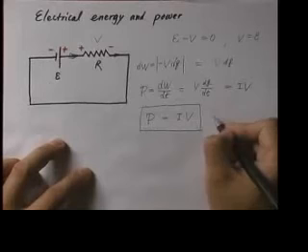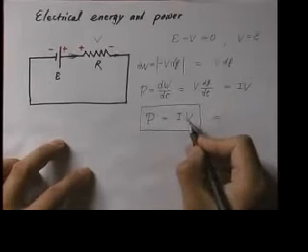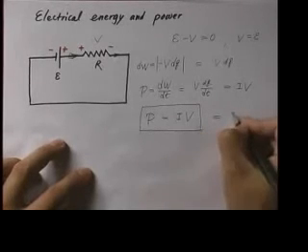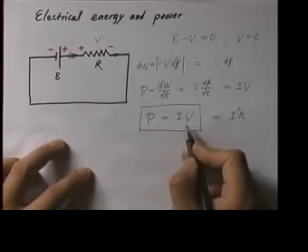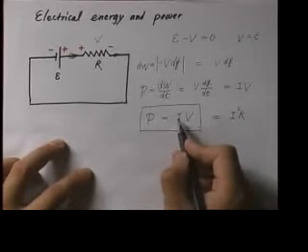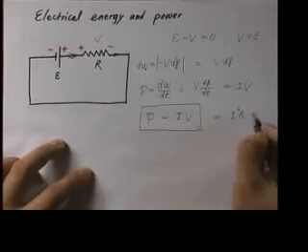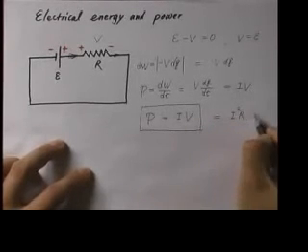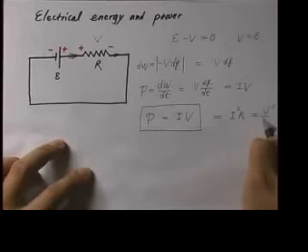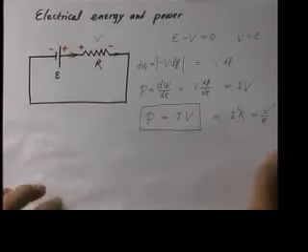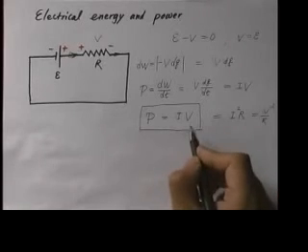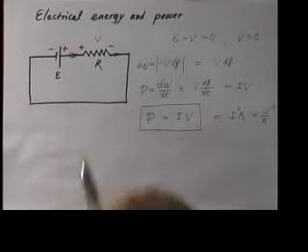Because V equals IR, it's I times IR, so I can write this as I squared times R. I can also write this by rewriting I as V over R, again by Ohm's law, so it's V over R times V, and that is V squared over R. All these are equivalent expressions. So this is the electrical power delivered by the battery in order to sustain this current.